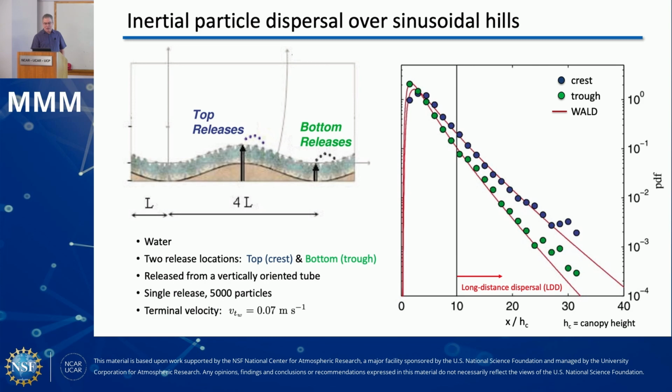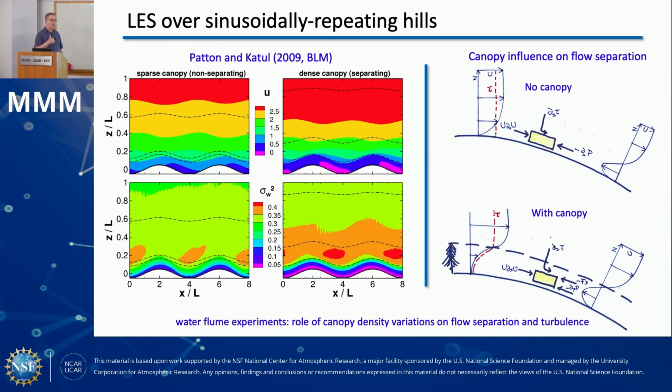And so back in 2009, Gabby and I tried to reproduce these water flume experiments, really studying the fluid mechanics of how the canopy alters flow separation on the lee side of the hill, how that changes the pressure distribution on the hill, and what that does to the turbulence.